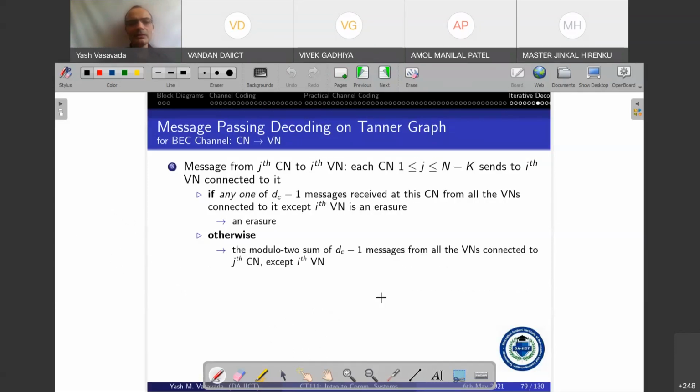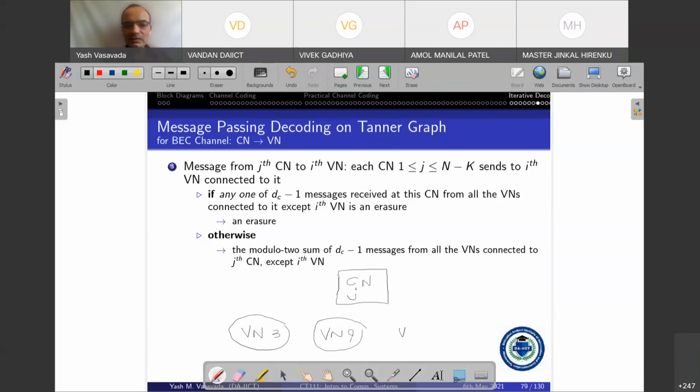Now let us look at the messages that are passed from the jth CN back to the ith VN. So I'm going to draw the jth CN, CNJ, here, which is in this rectangle. And let us say that CNJ is connected to VN number 3, VN number 9.